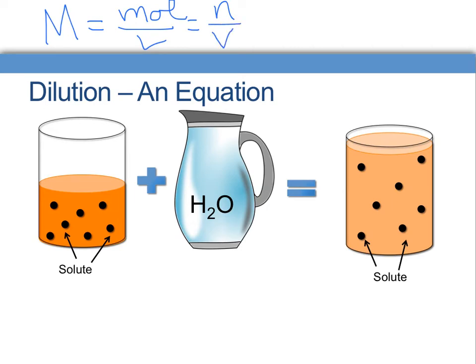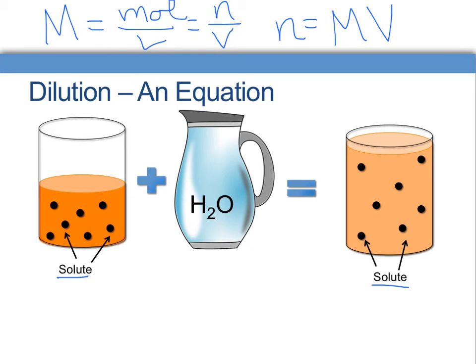And I know that in a dilution, the solute stays the same. The amount of solute is the same, so the moles stay the same. So if I rearrange this for the number of moles, I get n is equal to the molarity times the volume, or the concentration times the volume.